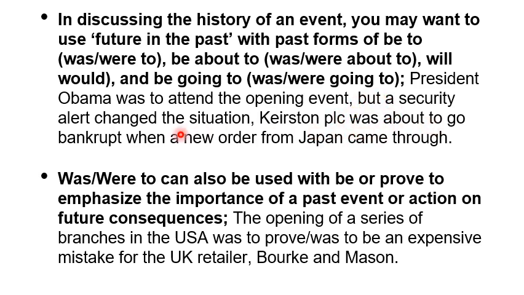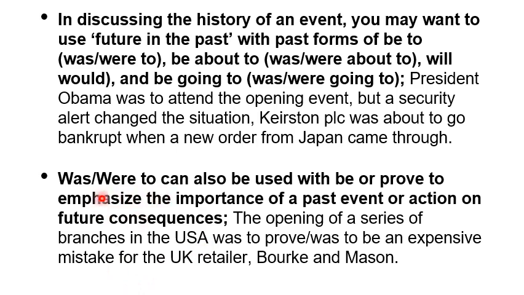Was about to go bankrupt when a new order from Japan came through. So this is what's called the future in the past. And we always need this form of sentence when we talk about historic events or something like that.